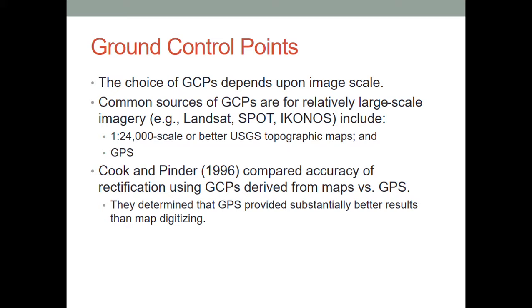The choice of ground control points depends upon the image scale. Common sources of GCPs are relatively large scale imagery, topographic maps, or GPS. Cook and Pinder compared the accuracy of rectification using GCPs derived from maps versus GPS. They determined that GPS provides substantially better results than map digitizing.